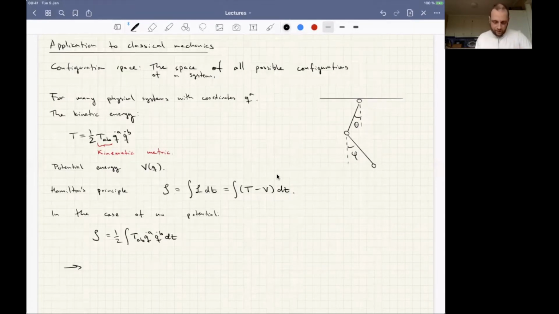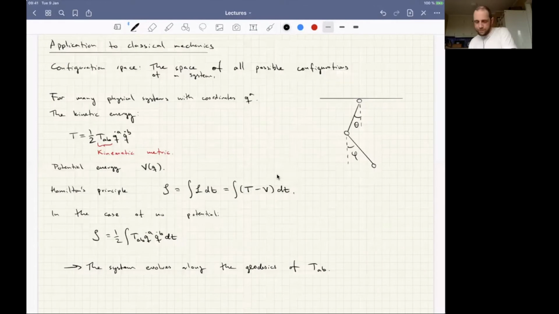for this classical system, the system evolves along the geodesics of this kinematic metric T_AB, as long as there is no potential.